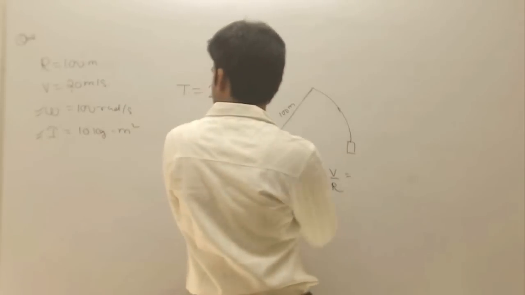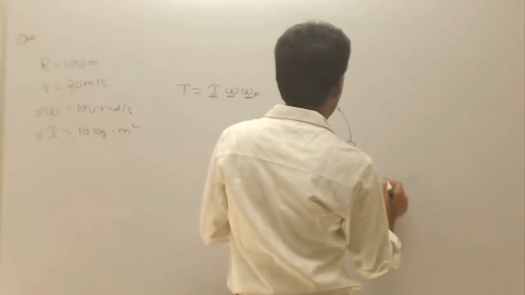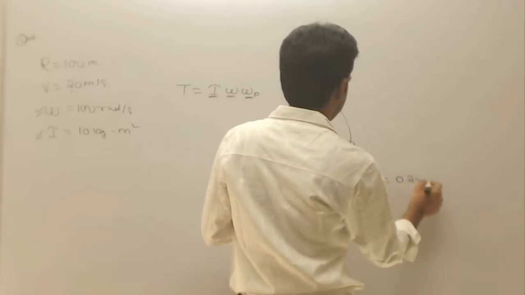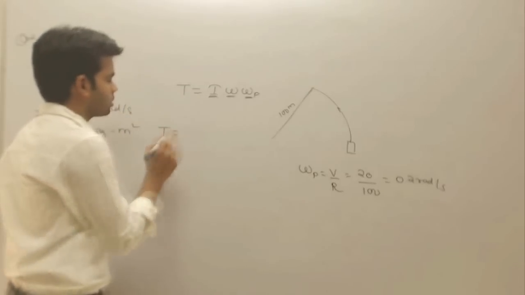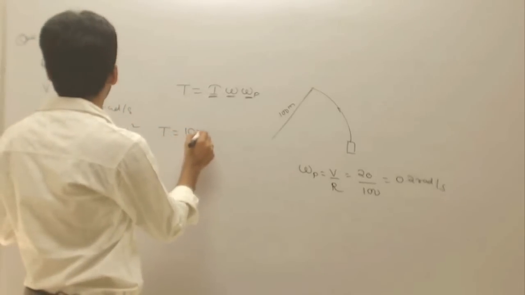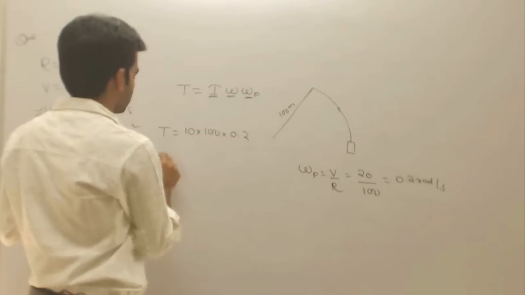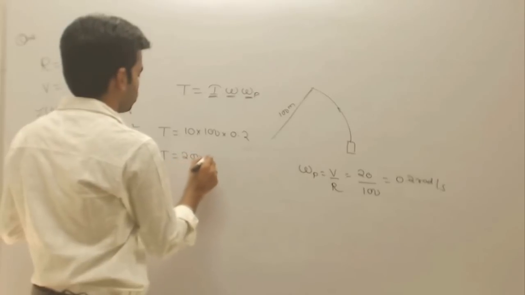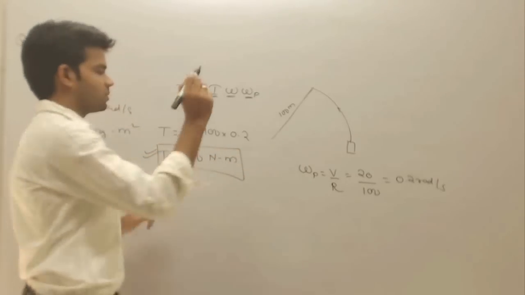So this will be equal to 20 divided by 100, which is 0.2 radian per second. Now just put the values. The gyroscopic moment T will be equal to 10 into 100 into 0.2, which is 200 Newton meter. Answer. Very simple question.